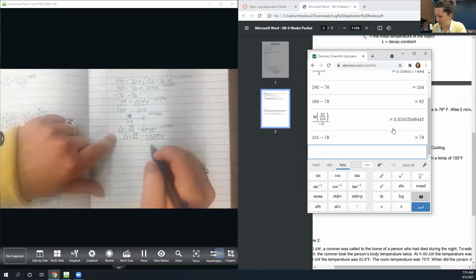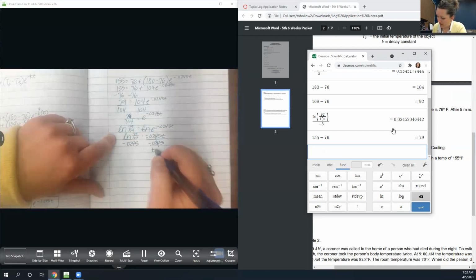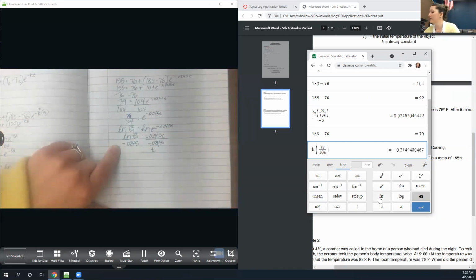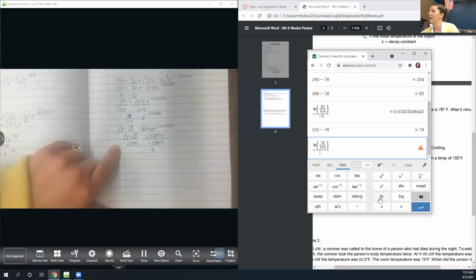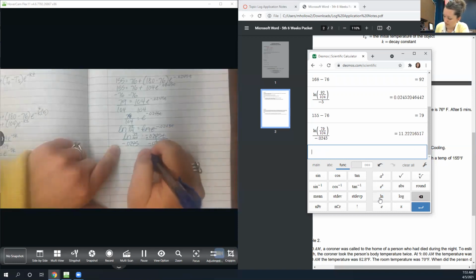When we divide by that negative 0.0245, we're going to get how long it took. So let's see. Natural log 79 divided by 104, come out of our parentheses there, and then divide it by negative 0.0245, 11.22.